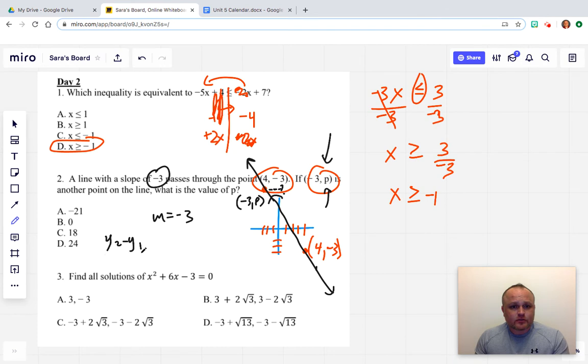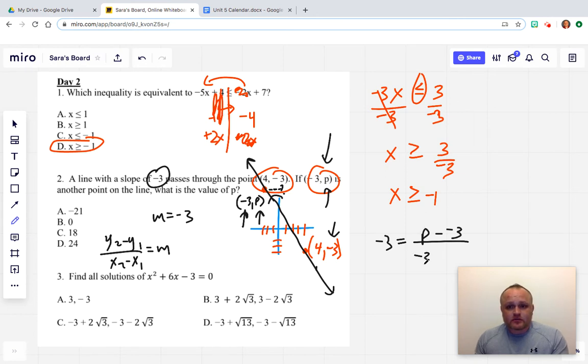So the way you're going to do this is you're going to set up an equation using the slope formula. So y2 minus y1 over x2 minus x1 is equal to m. It doesn't matter what order you establish, as long as you use it the same. So I'll say p minus a negative 3. All I did was subtract these y values from each other. And then I'll use this one first, since I used this p.